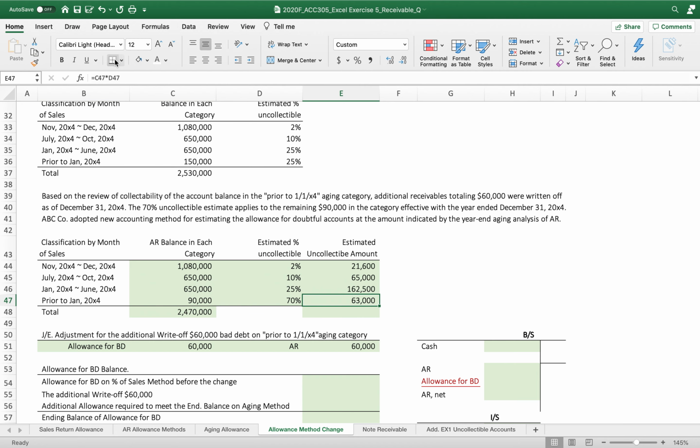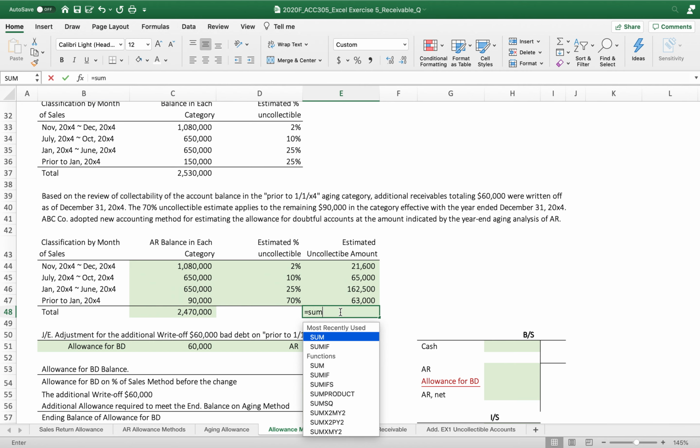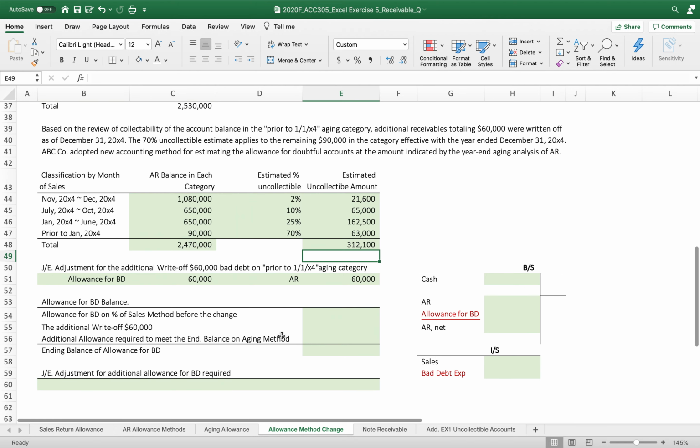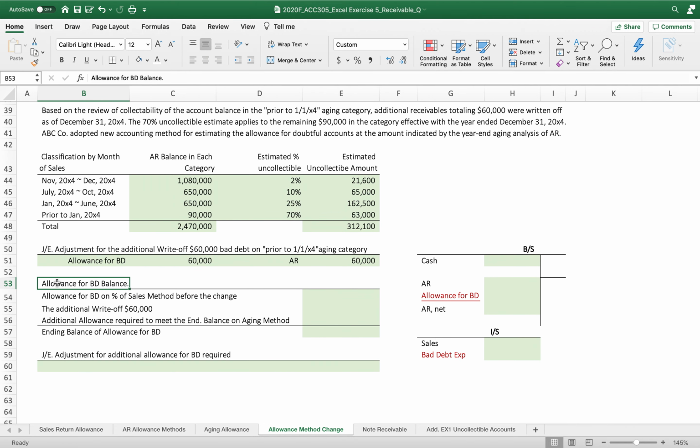So let's sum up to get the ending balance of allowance for bad debt. Okay, then let's create the schedule of allowance for bad debt.